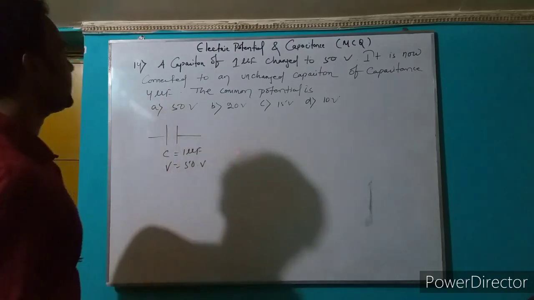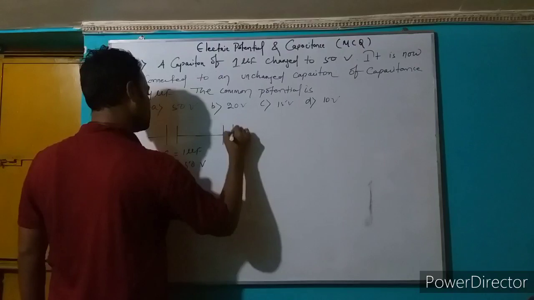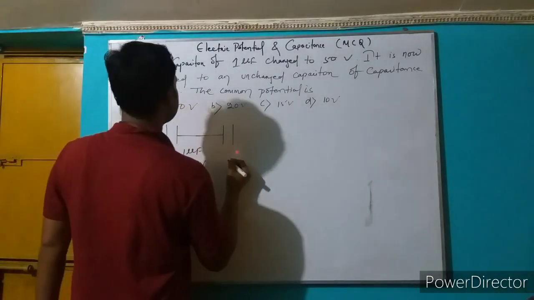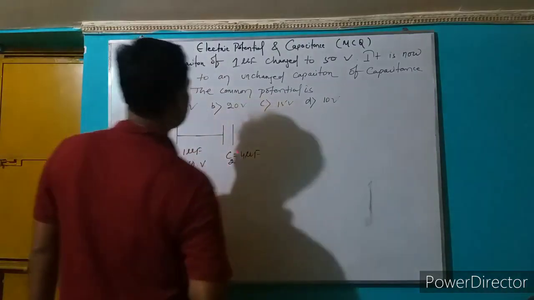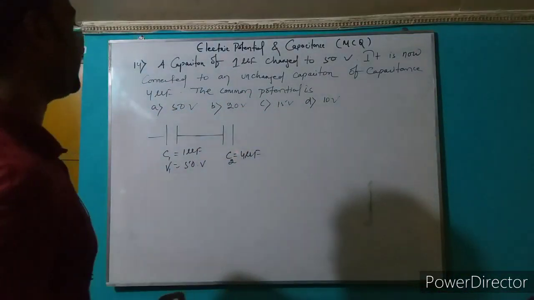It is now connected to an uncharged capacitor whose capacitance is C2 equal to 4 microfarad. Then what is its common potential?